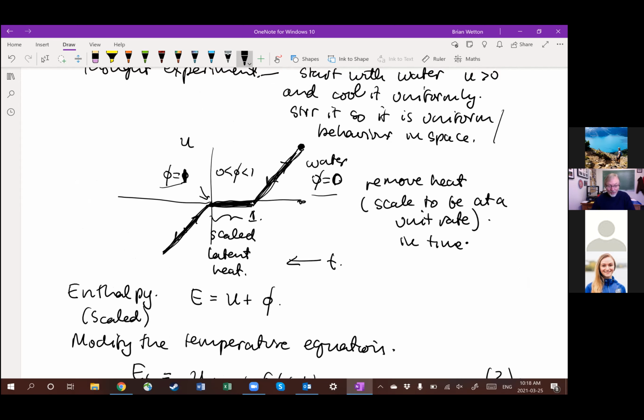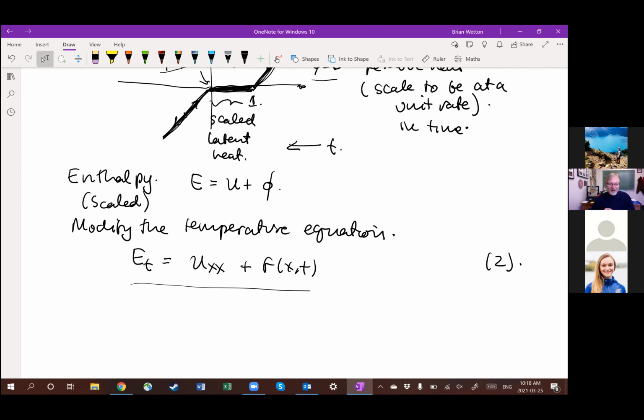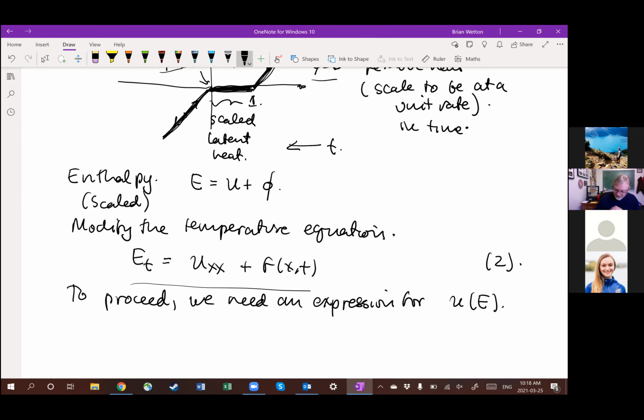So you've got to go with the other one. You've got to write U as a function of E. So to proceed, we need an expression for U as a function of E.